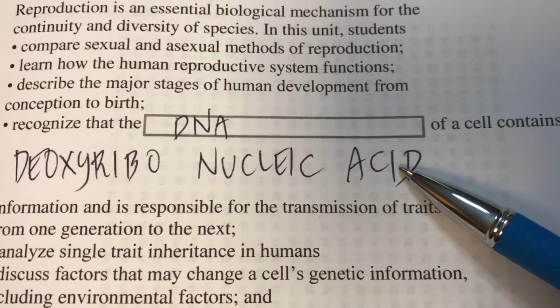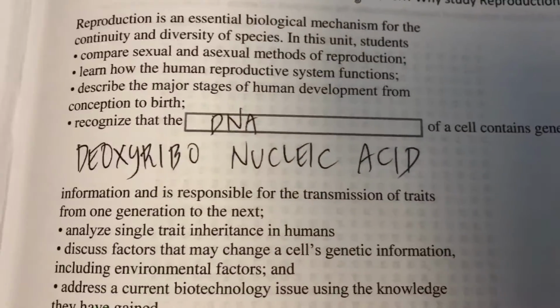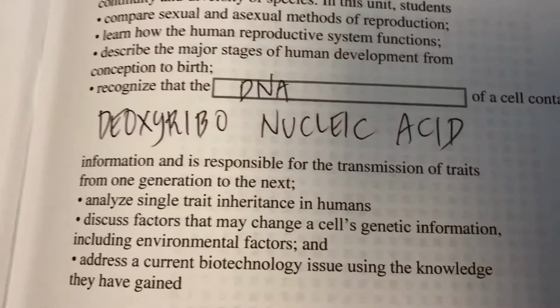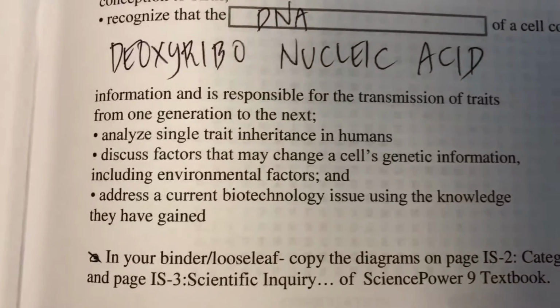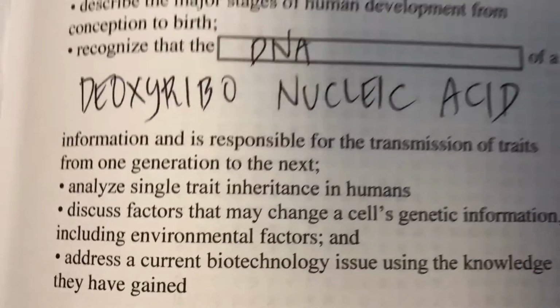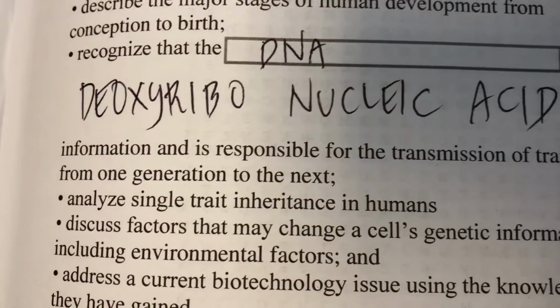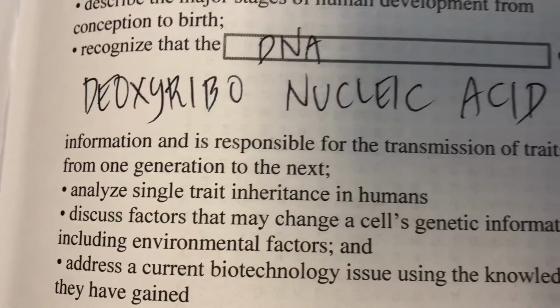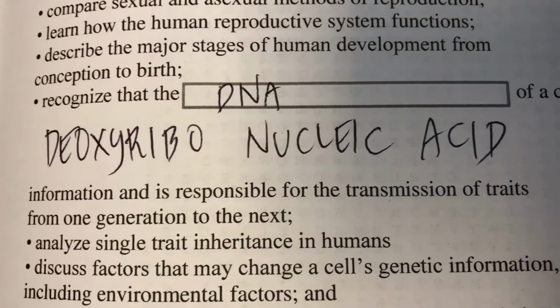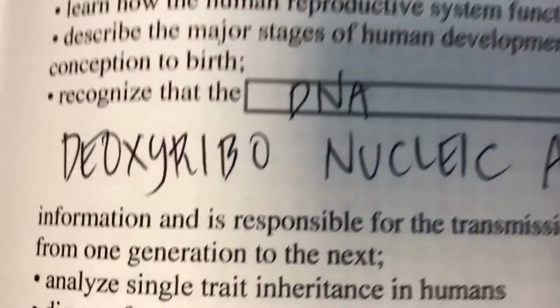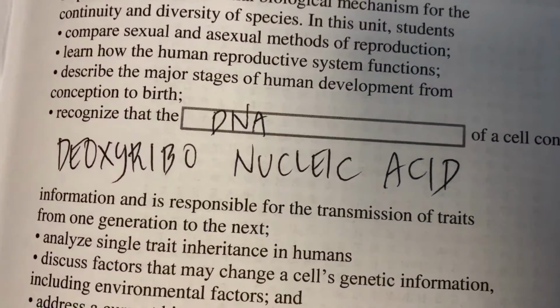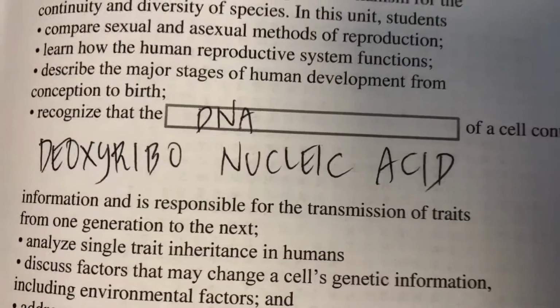Deoxyribonucleic acid. So DNA. So it contains the genetic information and is responsible for the transmission of traits from one generation to the next. So that's how important it is. Again, this is on page 5. And the word there in the box is DNA.